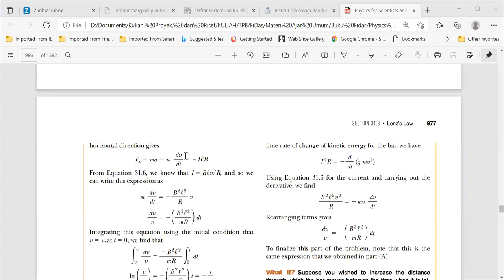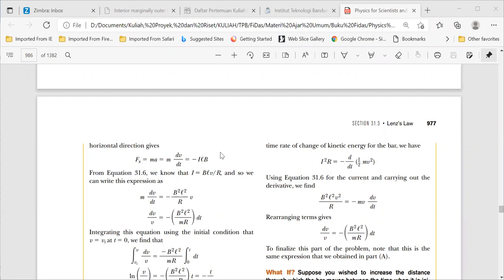Fx is equal to ma, where m is the mass and a is the acceleration of the bar. Using Newton's second law, we get ma equals ILB, where I is equal to BLV divided by R.